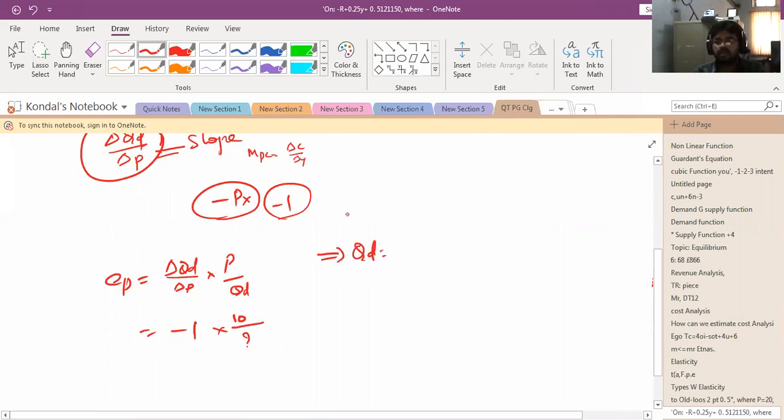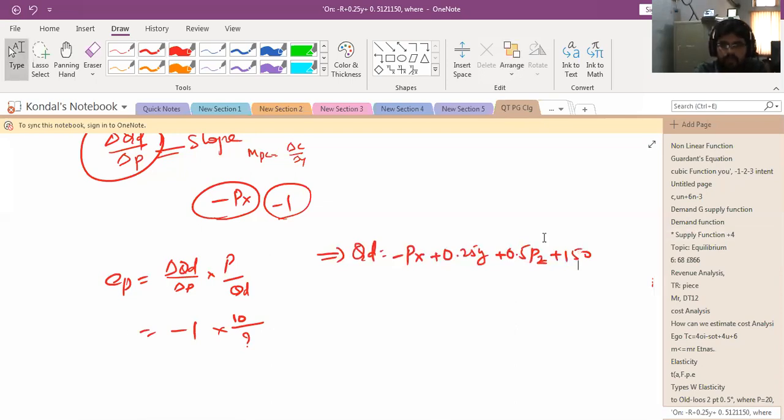QD is equal to what they have given: minus Px plus 0.25y plus 0.5 Pz plus 150. We simply substitute the values of P, Y and Z, then we get the QD or QX value.